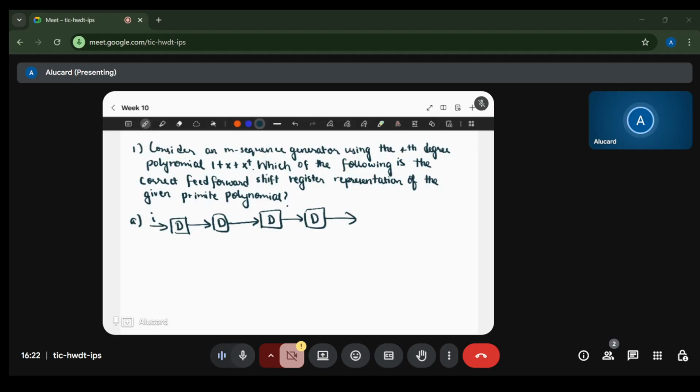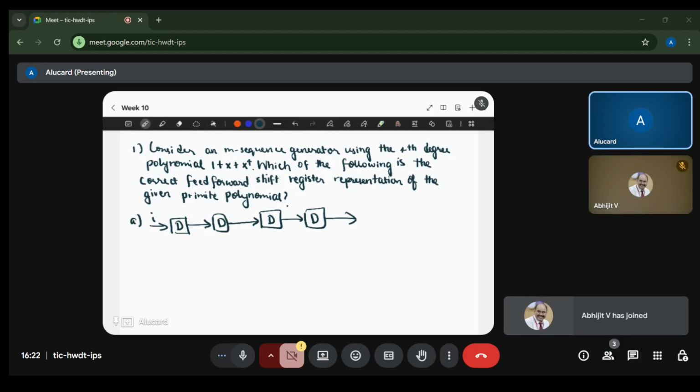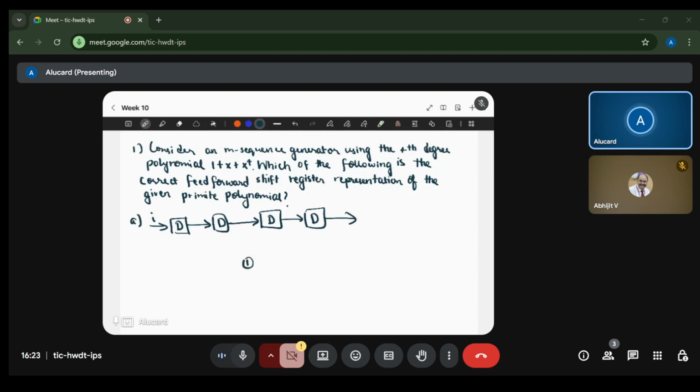the polynomial just tells you the connections that are present. So you have an adder in each case. The polynomial will tell you which of the delayed versions are added to the adder. So this is x square, x cube, and x power 4.